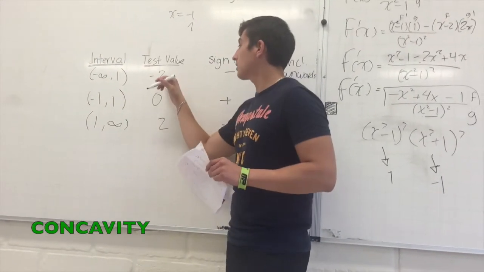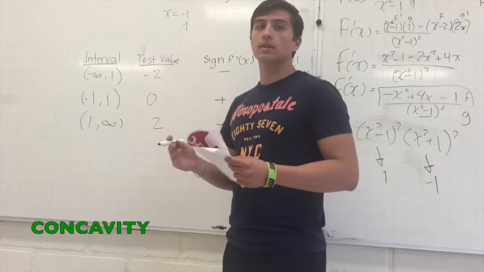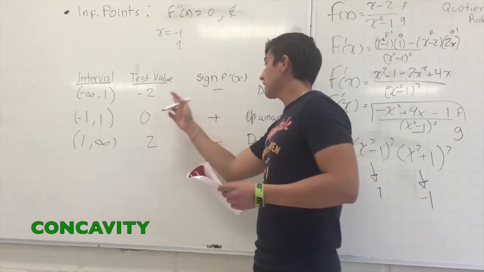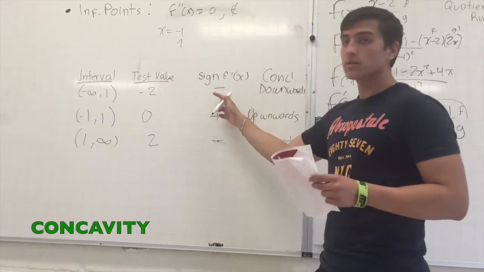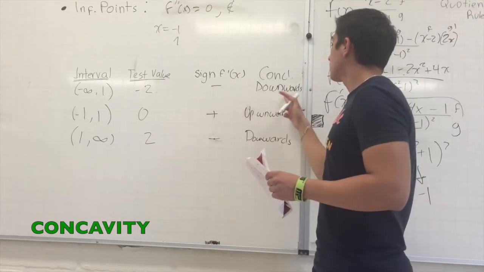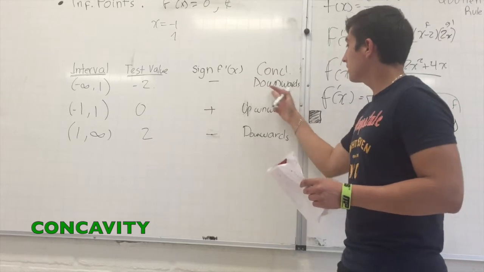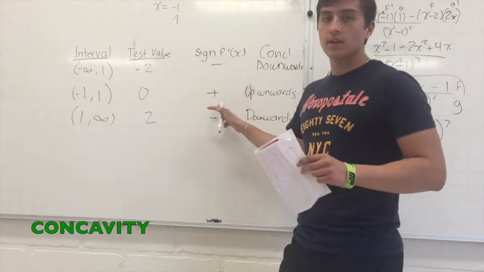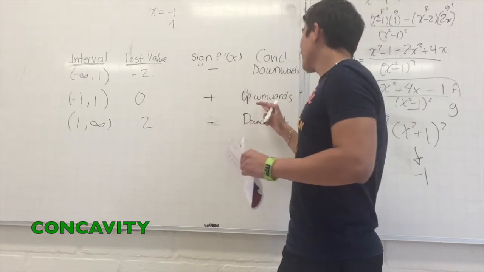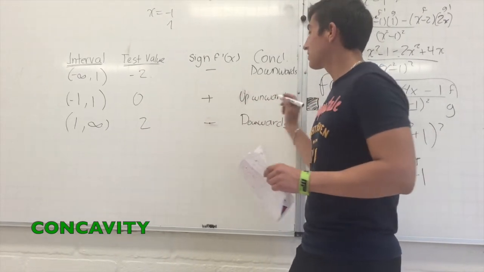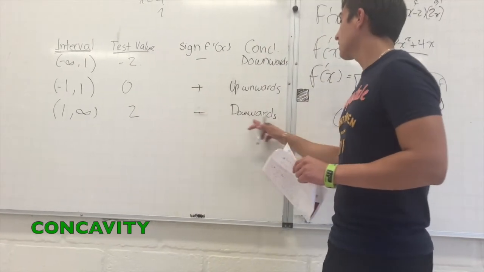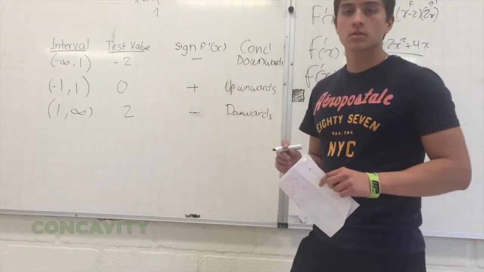If we put this minus 2 in the x of the second derivative, it gives us a minus sign. And as a conclusion for the concavity, it is downwards. A plus sign means the graph points upwards, which is the concavity. A minus sign states that the concavity is downwards.